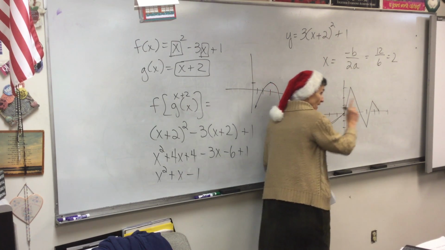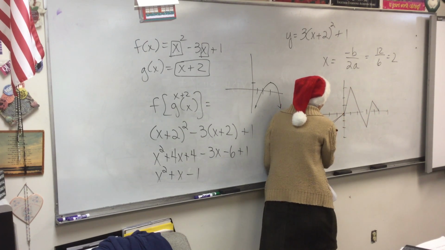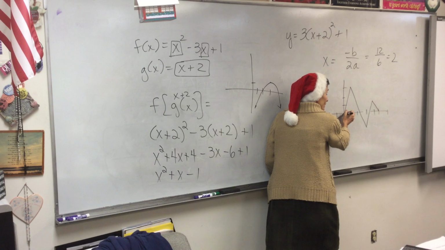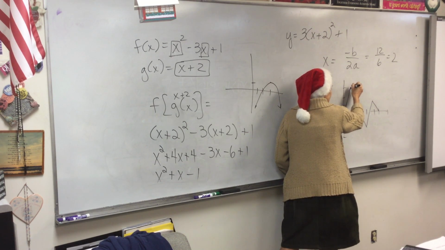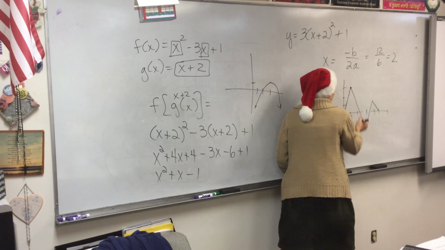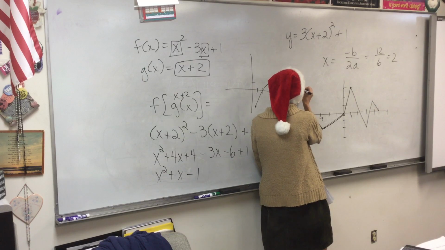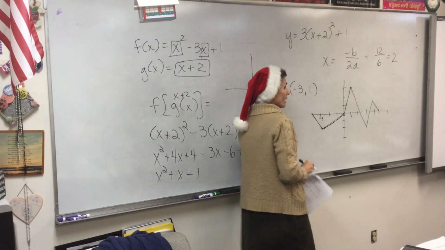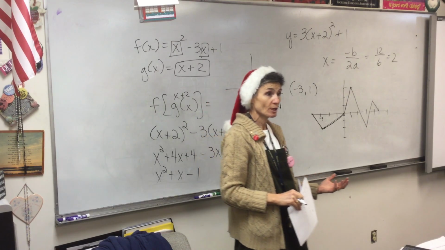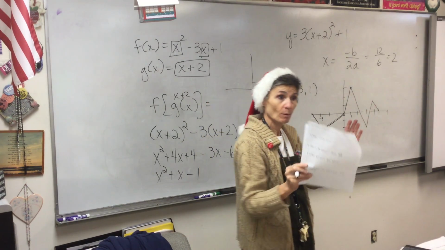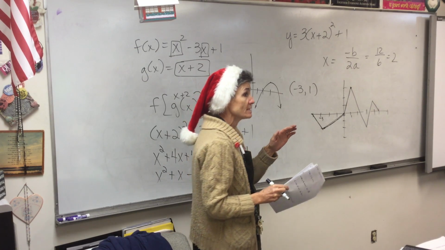I'm moving left to right, so I'm looking at the x's. As I go left to right, I'm going up, right? But wait a minute, aren't I still going up? Yeah. Till I get to here, which is an x value of 1. So everything from -3 to 1, I am increasing, and it says use interval notation. So I say, okay, my parentheses, everything from -3 to 1, I'm increasing.